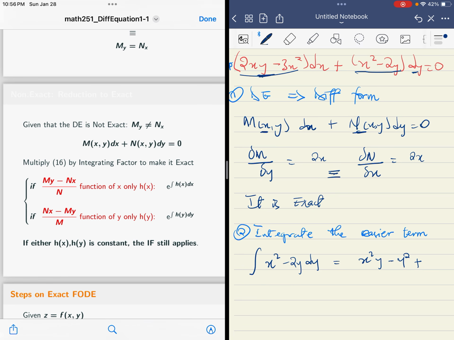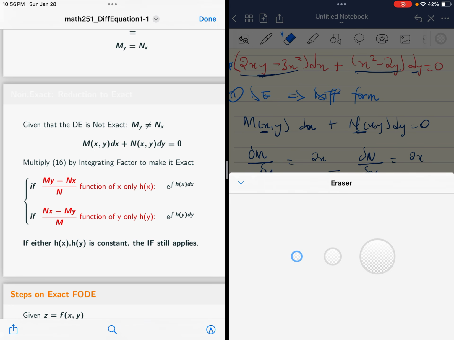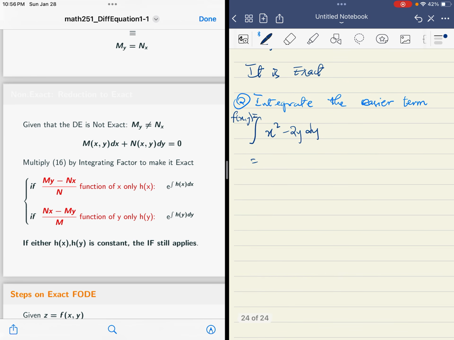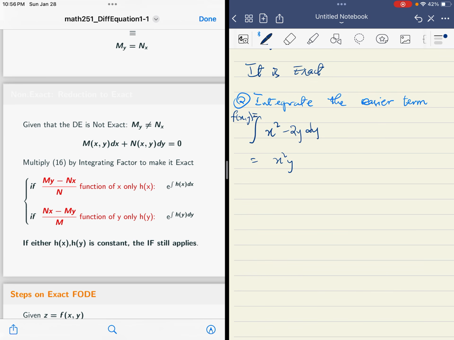Ordinarily, where we have reached now should have been the final end. So I'm going to label this as f of x,y, which equals x squared y minus y squared.